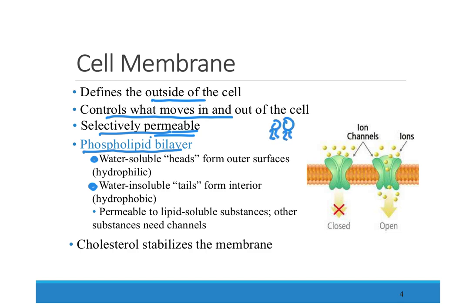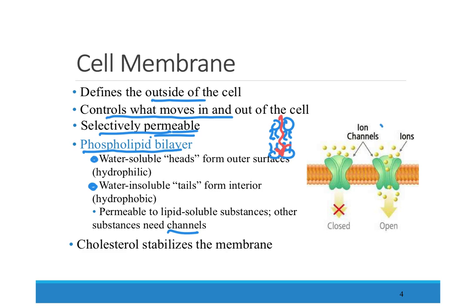So your phospholipid bilayer orients with the tails towards each other and the phosphate groups on the outside. This allows lipid-soluble substances to move through quite easily from the outside of the cell to the inside of the cell, moving this way. But substances that are not able to dissolve in lipids will not go through, and so they need special pathways called channels, and we'll talk about those in a minute, to allow things to happen.